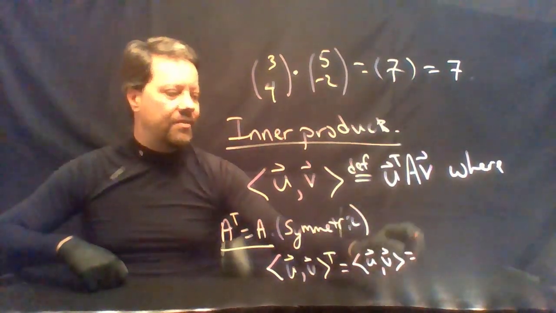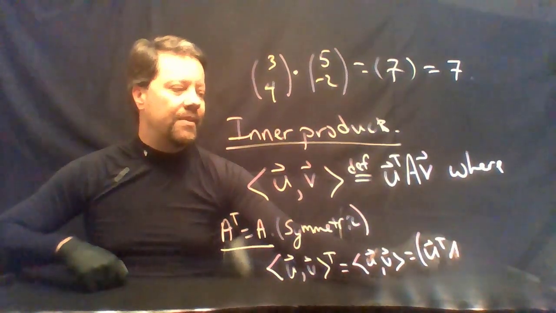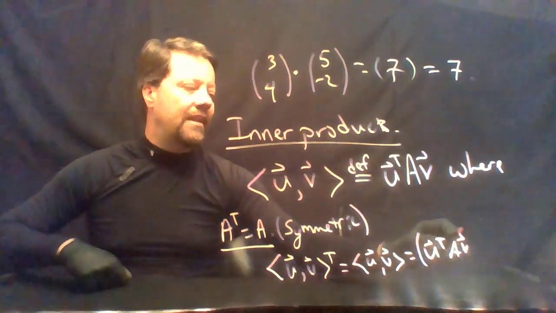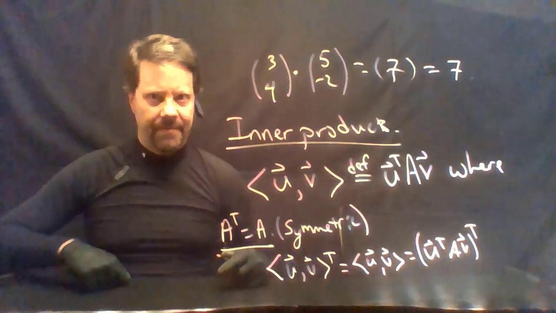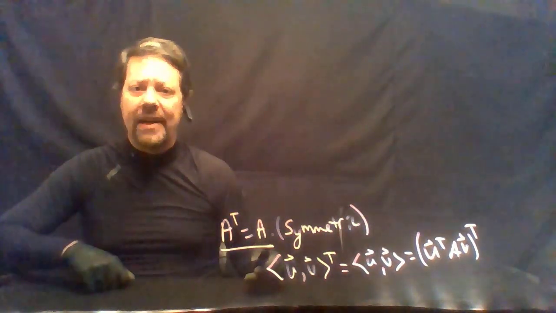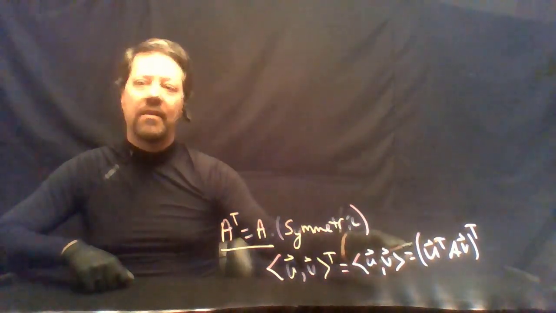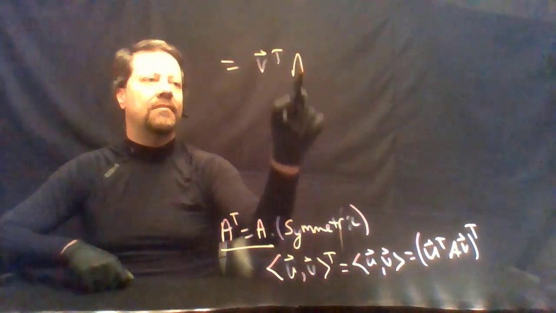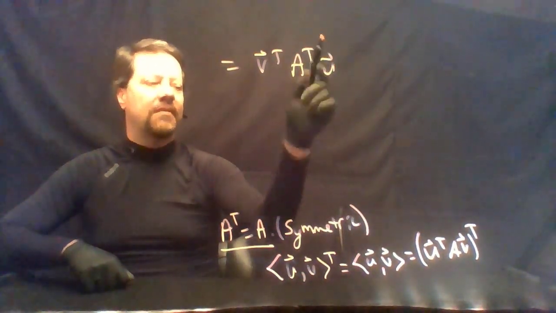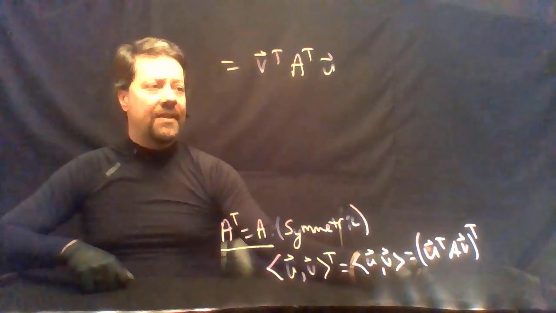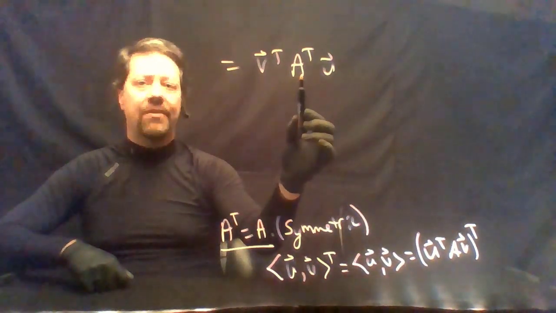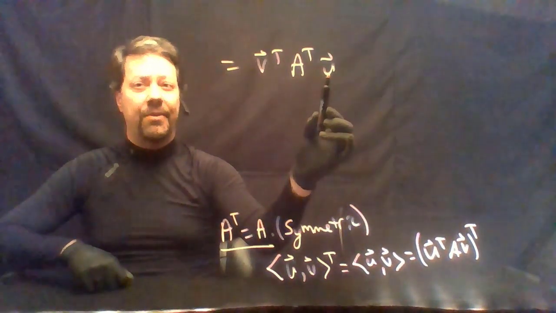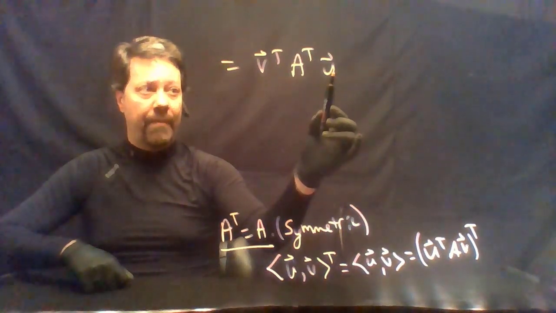But what is it? It should be u transpose A v transpose. But remember, the transpose reverses the order of a matrix product. And so you end up with v transpose A transpose, u transpose transpose, which is just u.